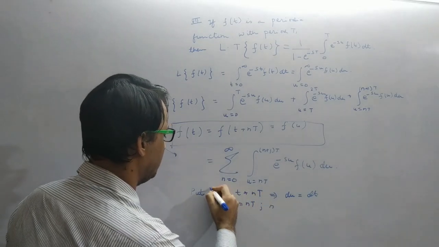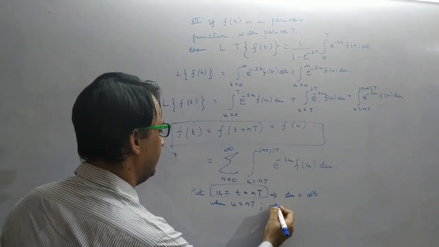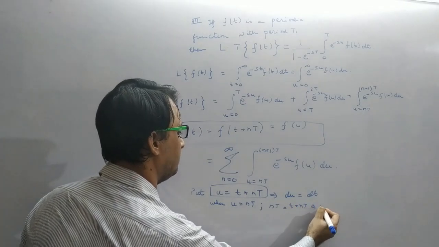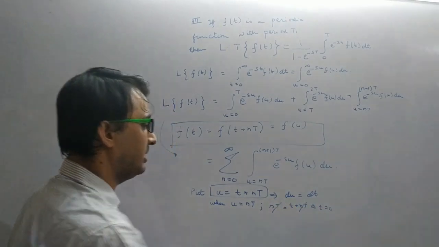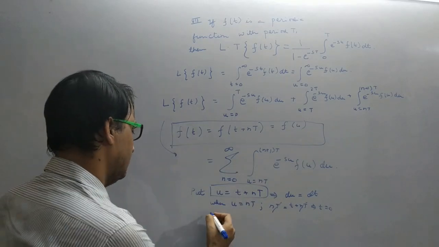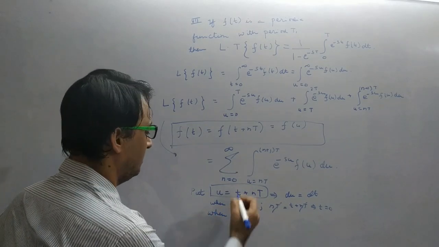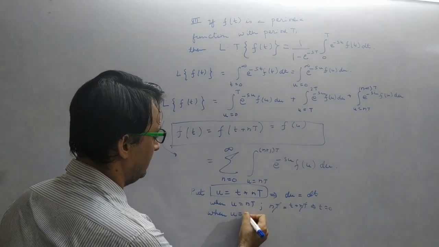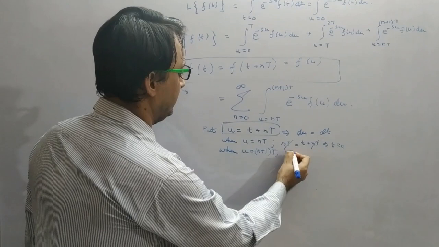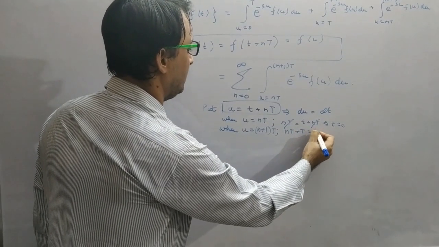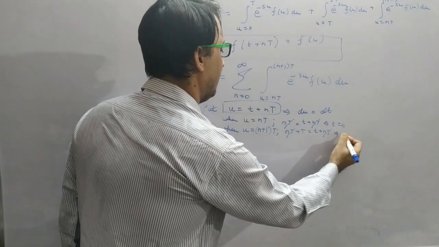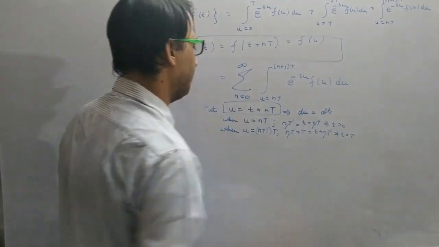If we put into this equation, nT is equal to t plus nT. So t becomes equal to 0 because this one gets cancelled. So we have the limits for this one. When u is equal to (n plus 1)T, then nT plus T is equal to t plus nT. Again nT gets cancelled, so we get our limit as t is equal to capital T.